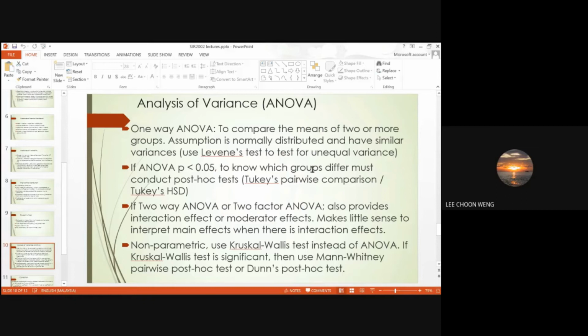That's why you have to conduct a post hoc test, for example, Tukey's pairwise comparison or Tukey's HSD. HSD stands for honestly significantly different. Tukey's test is carried out only if ANOVA is significantly different.